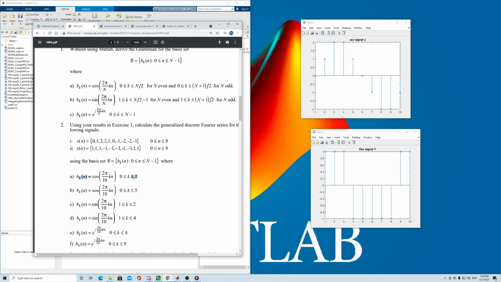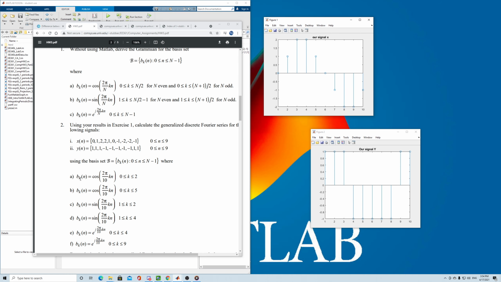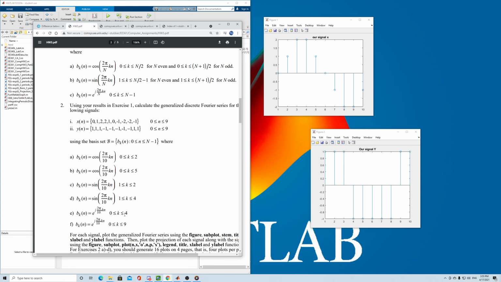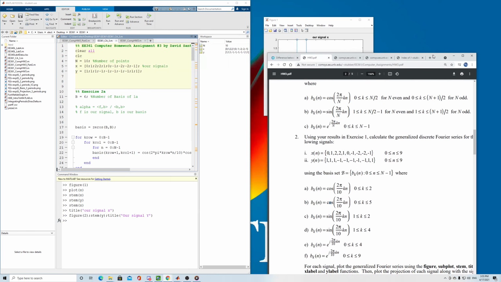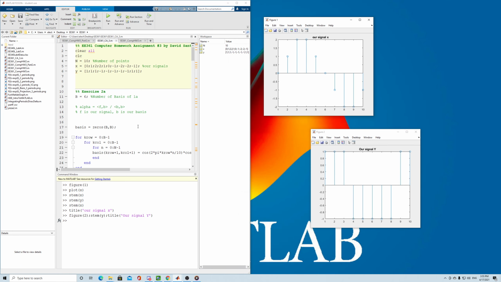You'll never get that unless you get some weird phase changes, but you'll see that some of these signals are going to be like, oh, you're going to use these basis functions, but you get nothing, you get flatlined. I'll show you an example. And you're like, oh, did I do it wrong? Some basis functions work better than others, and that's why when you use this right here, this one covers cosines and sines. So let me show you what I mean.